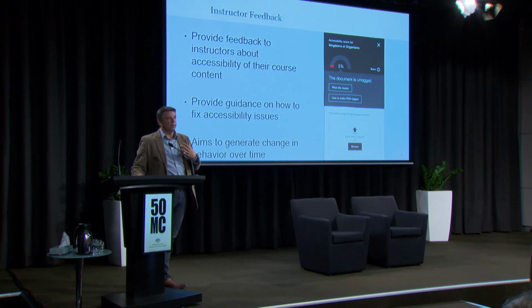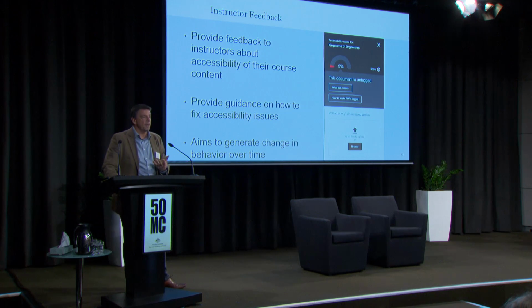But the important thing is that what we want to try and do is change the behaviour of those responsible for creating the content going forward. Probably my bosses at Blackboard might not want to hear this, but I see a time very much in the future where organisations won't need to rely on Ally to do this work for them. They'll already understand what it means to build an accessible document, and they will do that from the start.